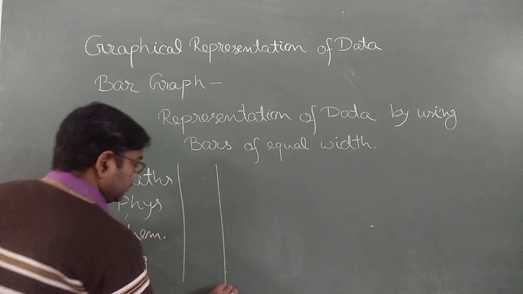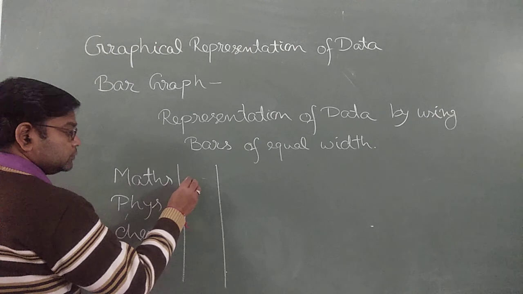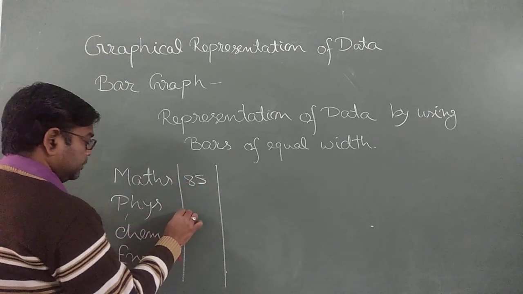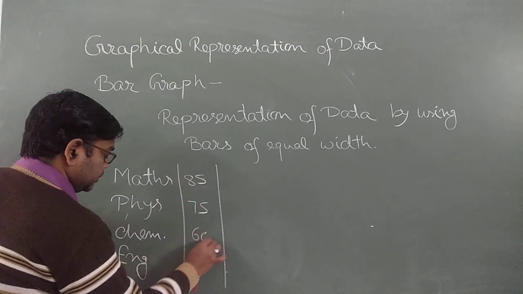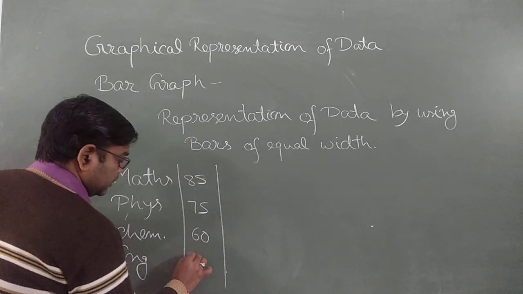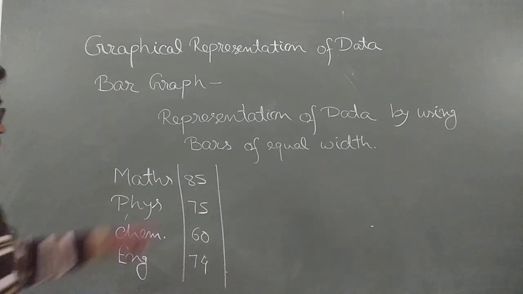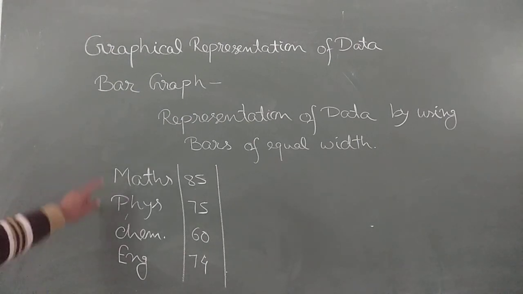In maths, the person received 85 marks. In physics, that person received 75. Chemistry, it's 60. English, it's near about 74. So this is the collection of data of a person in a test.